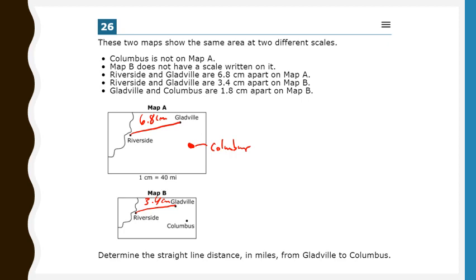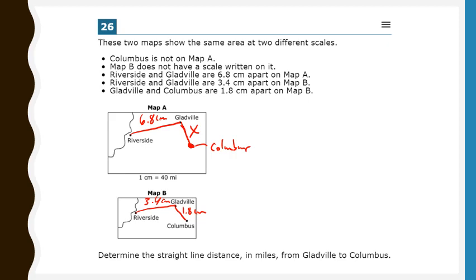The last piece of information we can draw in is that Gladville and Columbus are 1.8 centimeters apart on map B. So this is 1.8 centimeters. What we're trying to find is the distance between Gladville and Columbus on the original map. I'm going to mark it with an X because I don't know what that is.